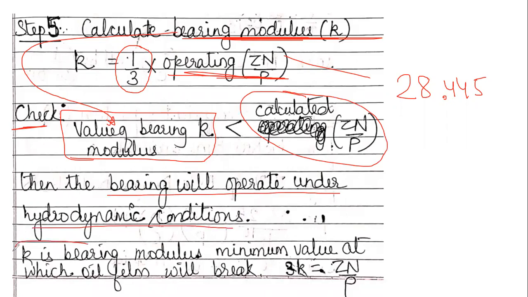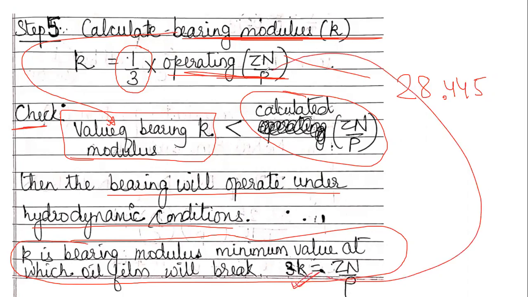Because while we were doing Mackey's equation, I had told you that in that graph of coefficient of friction versus Zn by P, that bearing should not operate below the point A. So K is the bearing modulus minimum value at which oil film will break. So 3 times the bearing modulus, that much value of Zn by P we want. That's why we are doing this step.